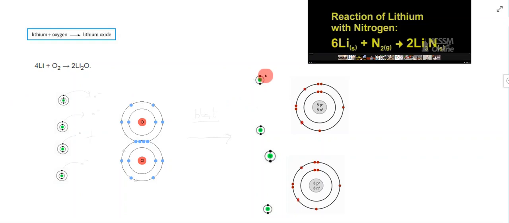Each of these lithium ions has a +1 charge, because you have 3 protons in the middle, which are 3 positive charges, and then 2 electrons on the outside, which are 2 negative charges, and 3 minus 2 leaves you with 1 positive charge. So each of these is going to have 1 positive charge.